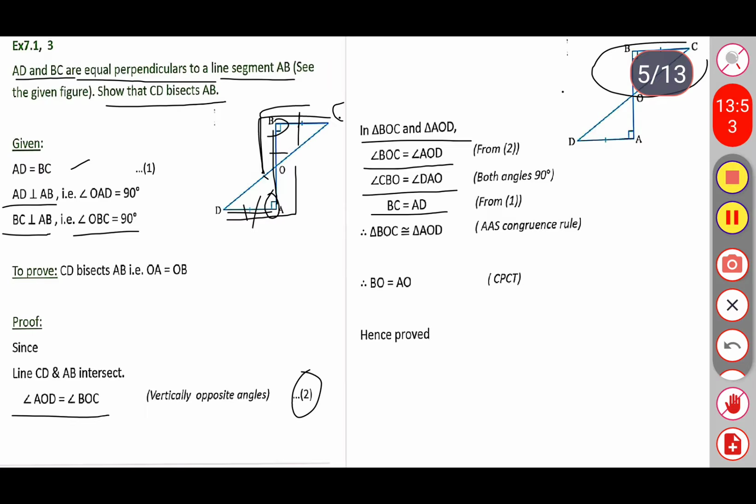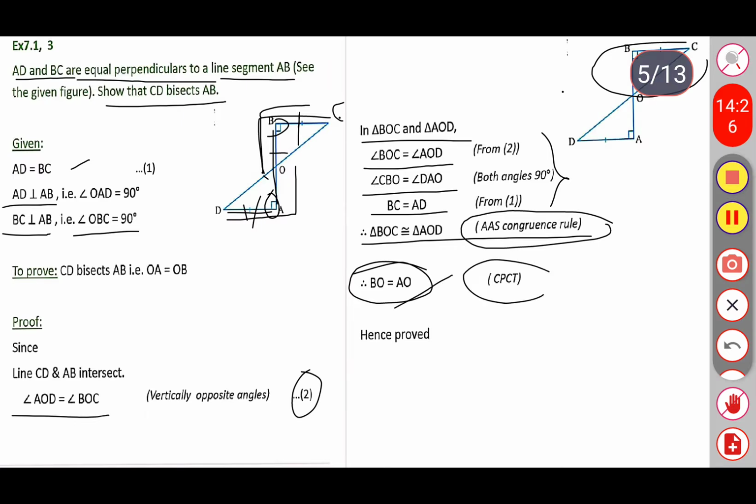With the help of three data, we can easily say that triangle BOC is congruent to triangle AOD by using the congruence criteria AAS. So these two triangles are congruent, which means obviously the remaining sides are equal, that is BO is equal to AO by using CPCT.